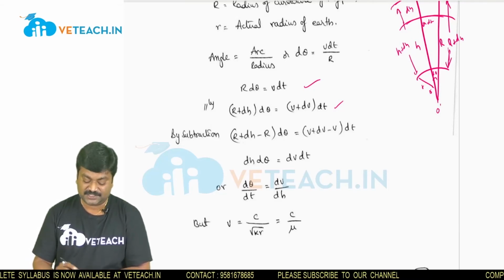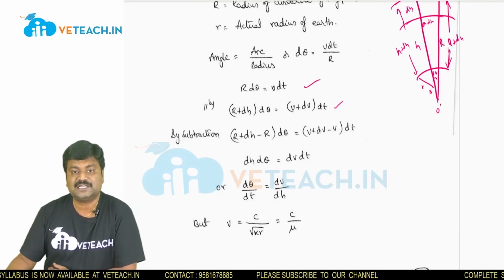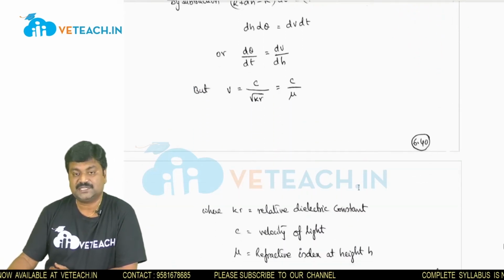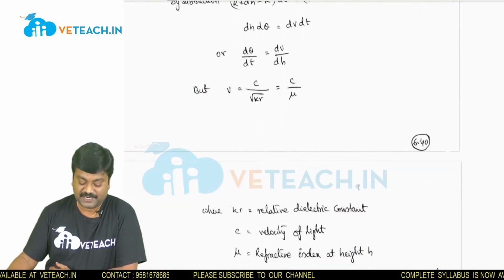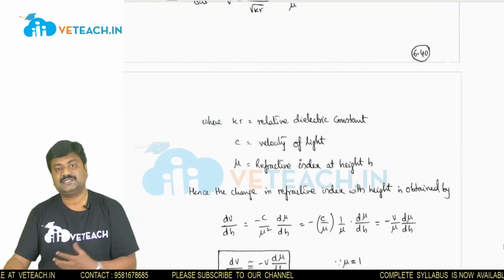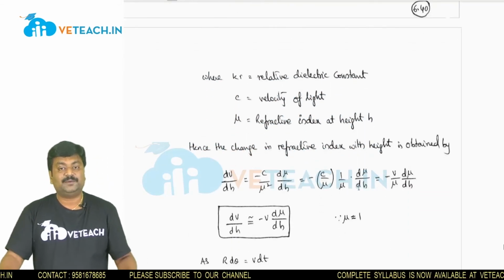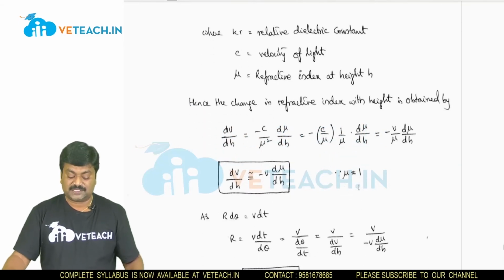where v is considered to be c by square root of Kr, or else c by mu, where Kr is the relative dielectric constant, c is the velocity of light and mu is the refractive index.